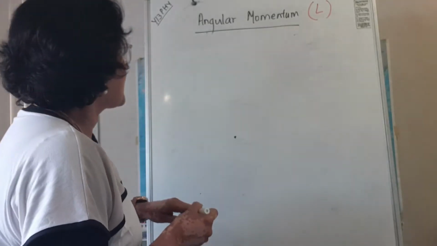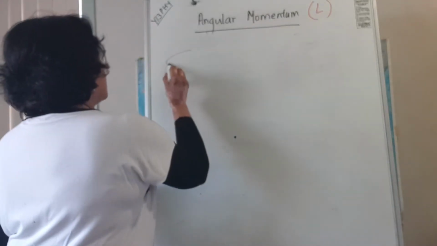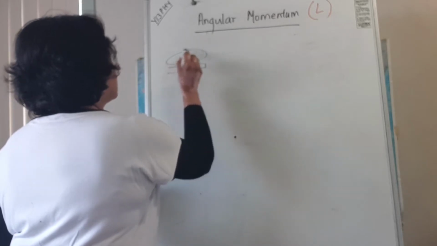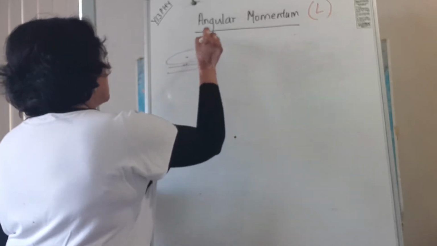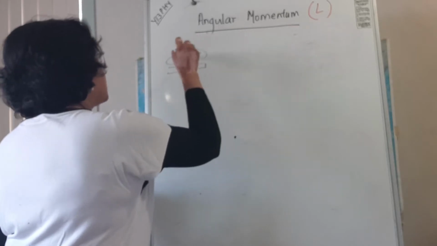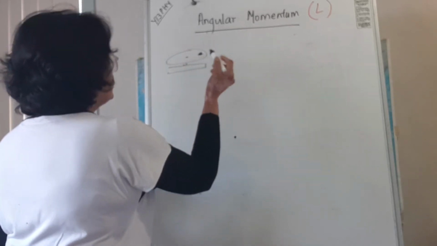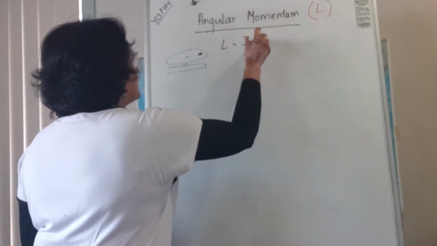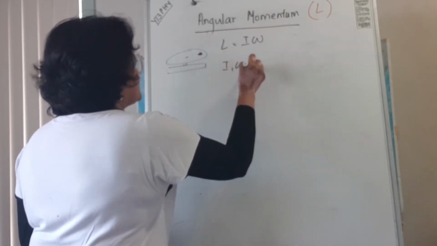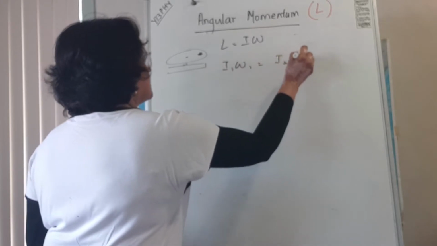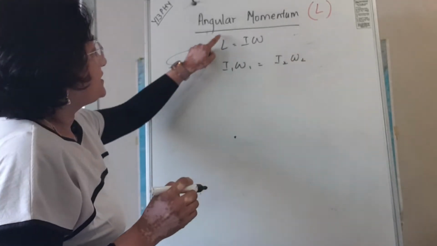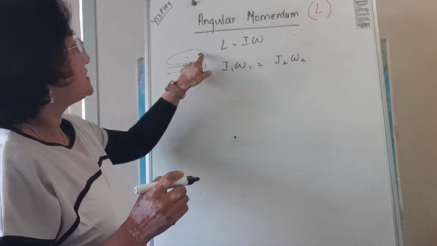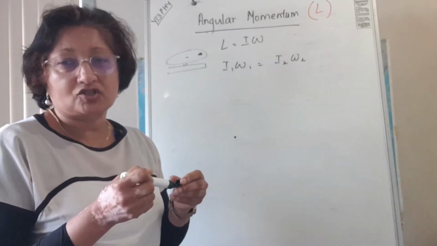We usually have one of these little things with ball bearings, spinning, and you can drop a sandbag on it. You set it spinning, you drop a sandbag on it, and it's going to spin slower. So it's to do with I omega. I1 omega1 equals I2 omega2, because angular momentum is conserved, but each of those could change depending on how the mass distribution changes.